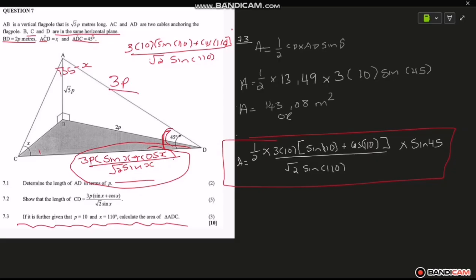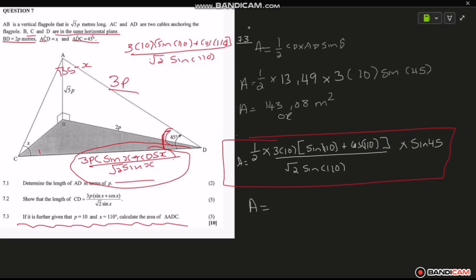Let me punch it in my calculator. I think we're going to have the same answer but different decimals. Why? Because I rounded it off up there before the last step. So I think this one is going to give us the correct answer, because we didn't round off anything here. So rounding off before the last step affects the final answer.